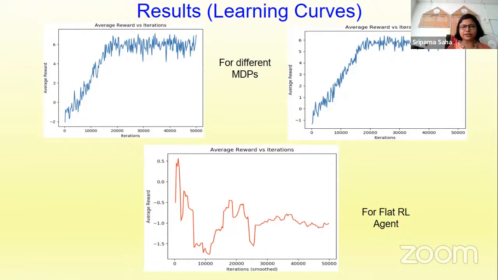The top level selects the appropriate intent, and then a lower level hierarchy services the individual intents. If you use all the intents together, then this is called flat RL, and this is its learning curve. It is very difficult for the agent to learn anything. But otherwise, you can see that with the iterations the average reward is improving, and finally there is a saturation.